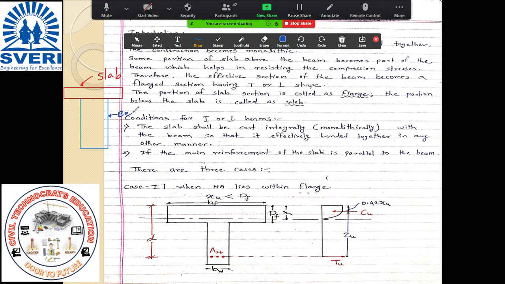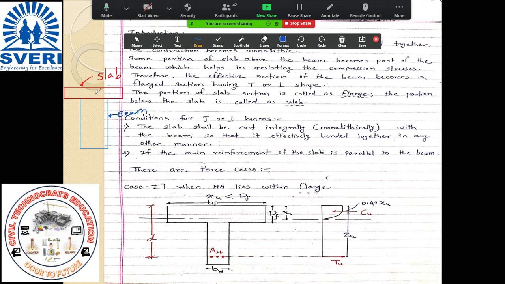But due to the monolithic construction, now this top slab behaves as if it is a part of this beam.